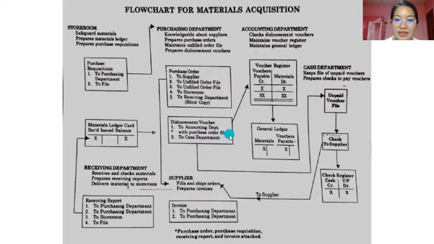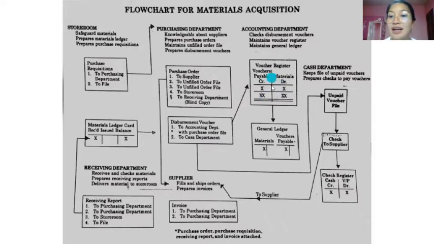So that is with the purchase order and the sales invoice from the supplier attached. So the accounting department will record it as a debit to materials and a credit to accounts or vouchers payable.